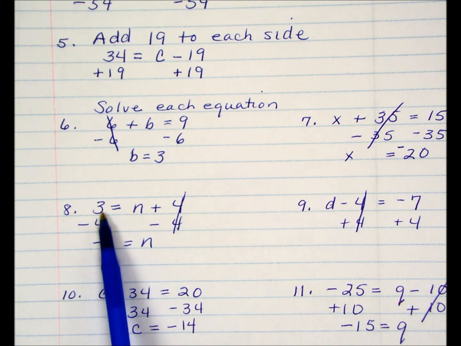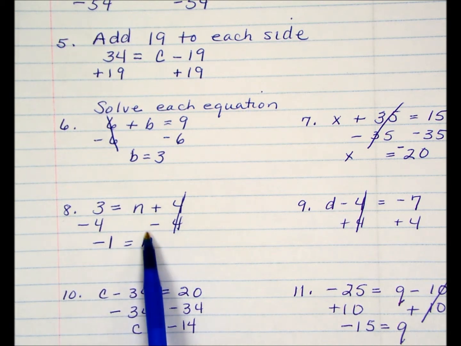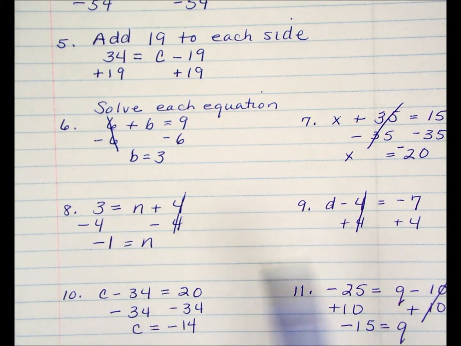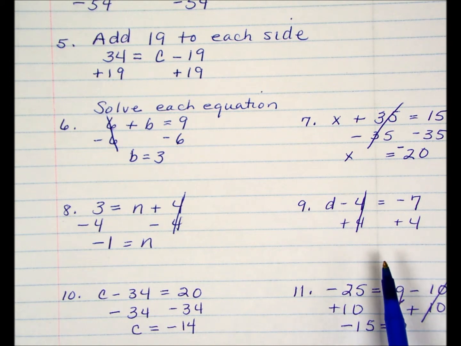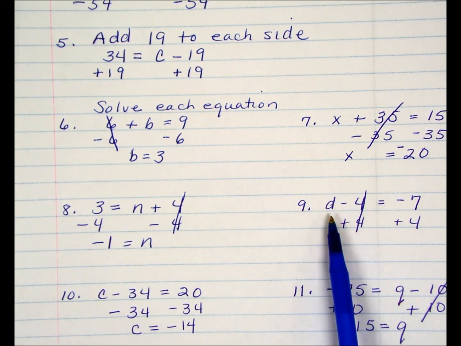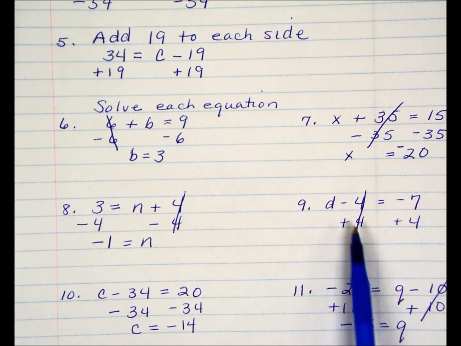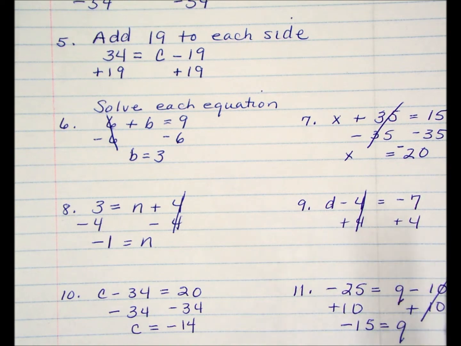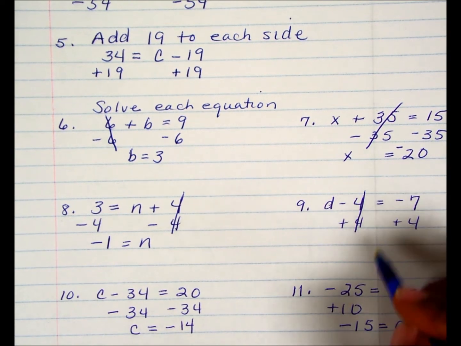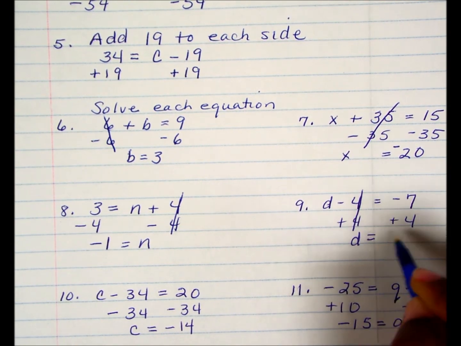Remember, always keep your information on the same side so you can follow it down and see what you did along the way. This one said d minus 4 is equal to negative 7, so we're going to add a positive 4 to both sides. So therefore, d is equal to negative 3.